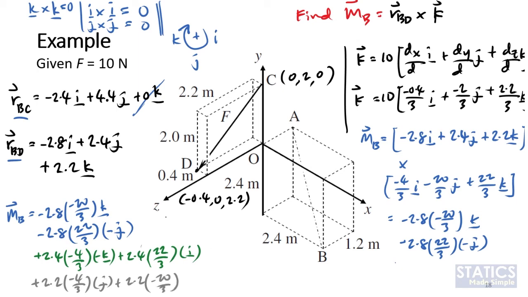So kj will give you minus i. Okay. So once you have this, you can calculate the value. You have some term in front of i plus some term in front of j plus some term in front of k. Okay, so this will be your moment at point B.